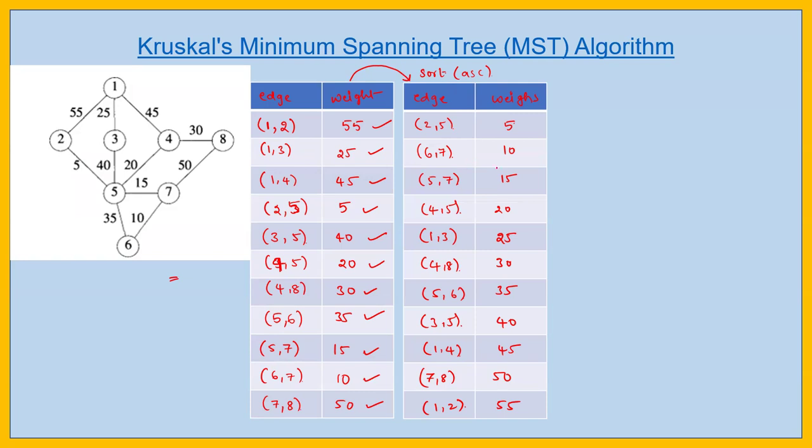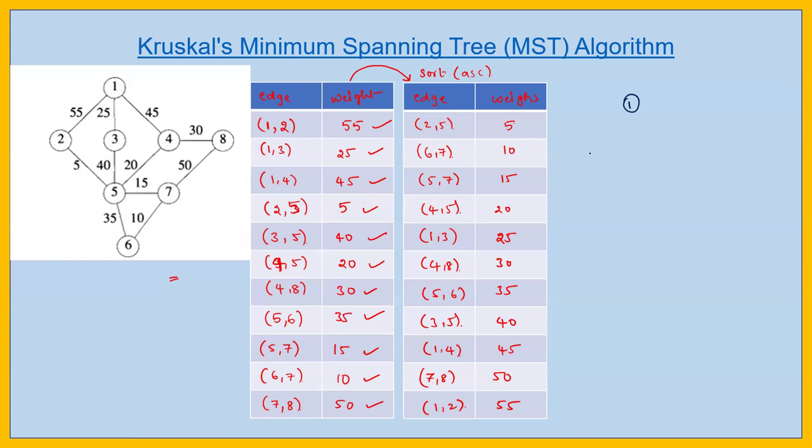Once it is completed, next I will pick each edge and include it into the minimum cost spanning tree. Before that, I am going to write the vertices, and one by one I will include them. First vertex is 1.